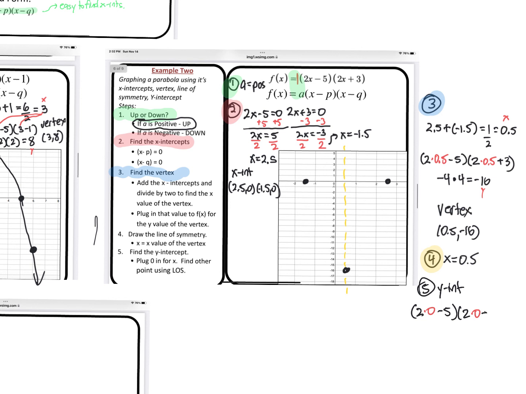Again, we are just plugging it in to the original. That gives us negative 5 times 3, which is going to give me a negative 15. And so my y-intercept is going to be 0, comma, negative 15. And then I plot that and reflect.